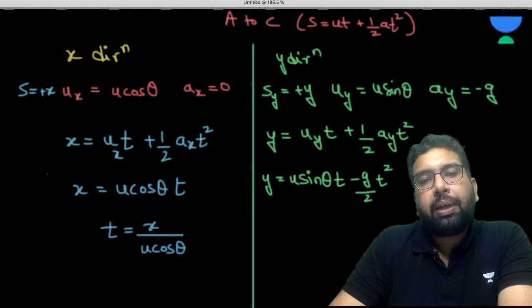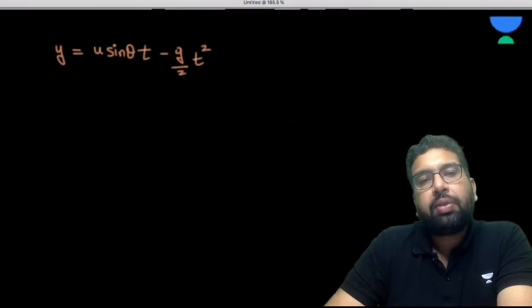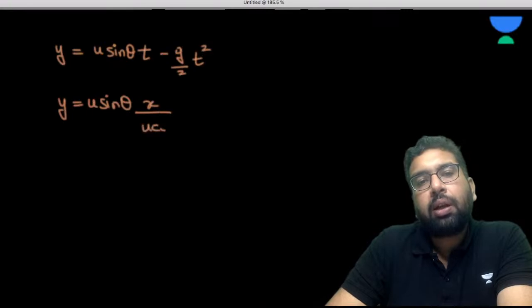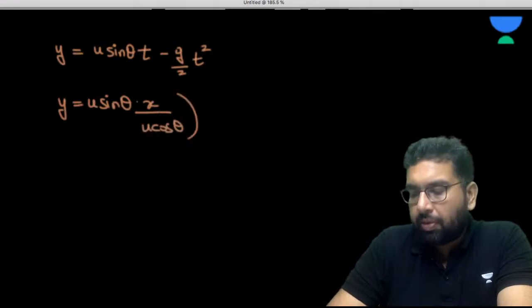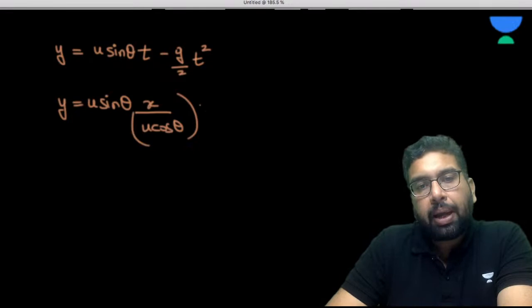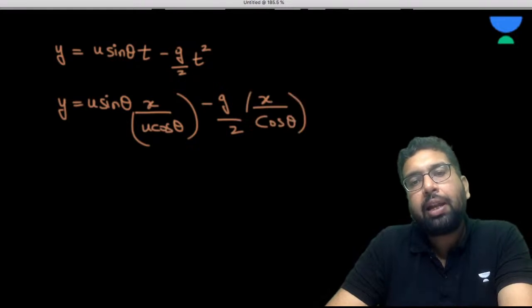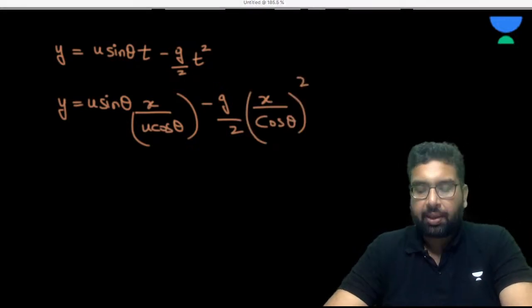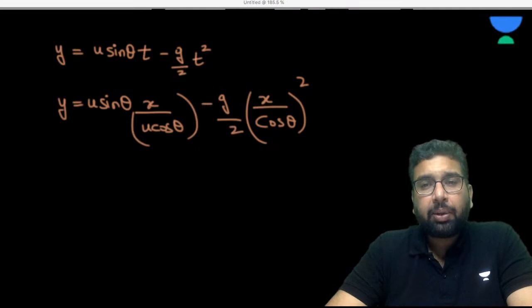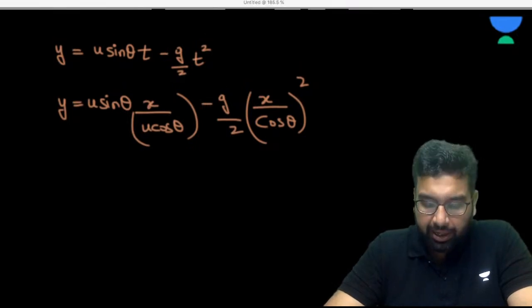So if I place the value of t in this equation, it will become y is equal to u sine theta, x upon u cos theta. I'll just place the value of t here, minus g by 2 t square, so it is x by cos theta whole square. Is it fine, beta? Please answer me. Did I do anything new? So just putting the values here and there.